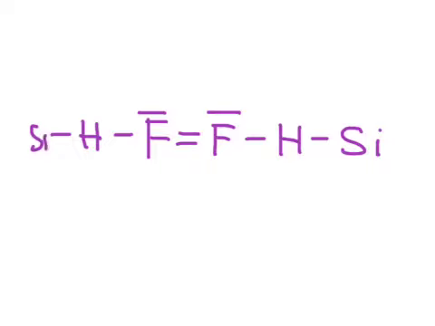And so this one is going to bond with hydrogen, since it had already bonded, and this one is going to bond with silicon. Same goes on the other side, and lines on both sides too. And that is how you draw the Lewis dot diagram, with the lines signifying the bonds.